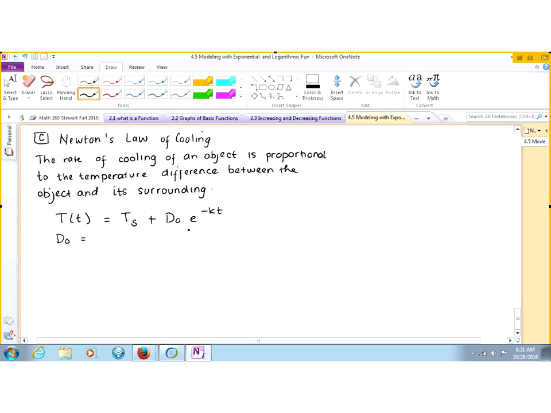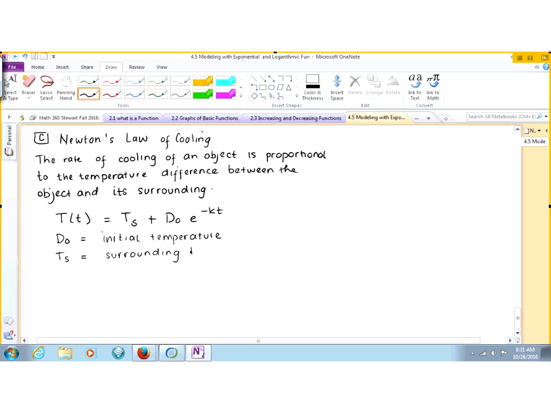Because I thought I used T. Hold on. Yeah, they use D naught. They don't use T here. D naught is the initial temperature. So anything with a naught means initial. What do you think Ts would be?